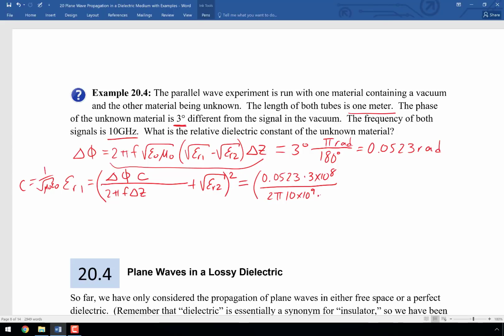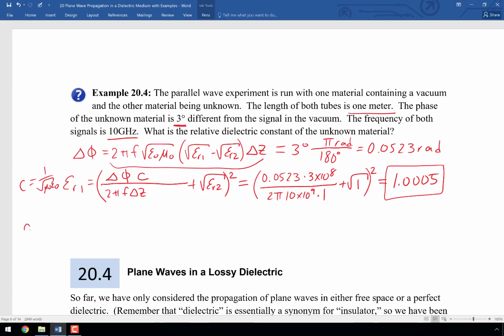And then times delta z, which was 1 meter, and then that's going to be plus the square root of epsilon r2, which is just the square root of 1. That quantity squared gives me 1.0005. And so if you think about it, that would be 0.05% different than 1. And we can tell that difference over the course of just 1 meter of work.